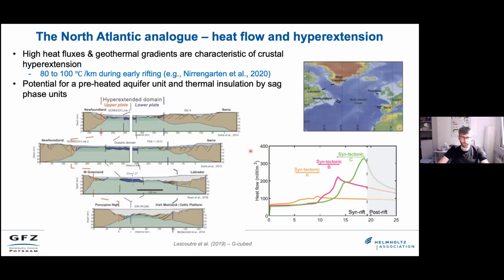This would represent a setting in which you take the synrift unit, which we consider to be the aquifer for the ore fluids, and it then undergoes burial diagenesis at elevated temperatures. It's this kind of setting that could be important for leaching base metals from the aquifer, because it's much more effective to do this at elevated temperatures.